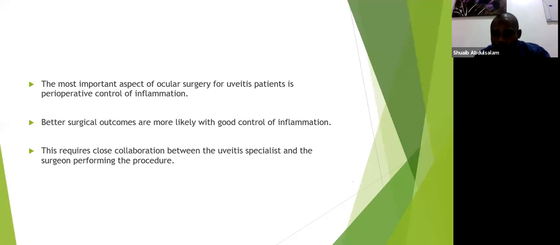Uveitis patients usually require surgery for so many things: you have your uveitic cataract, your uveitic glaucoma, your band keratopathy. So they need surgery for a lot of conditions, and a very important part of management is perioperative control of the inflammation before the surgery, during the surgery, and afterwards.